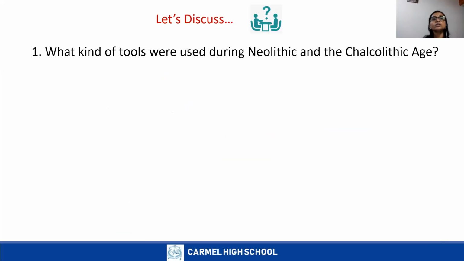So we know that the Neolithic age is the New Stone Age. So during the Neolithic age, stone tools continued to be used, and in the Chalcolithic age, tools were made of copper.